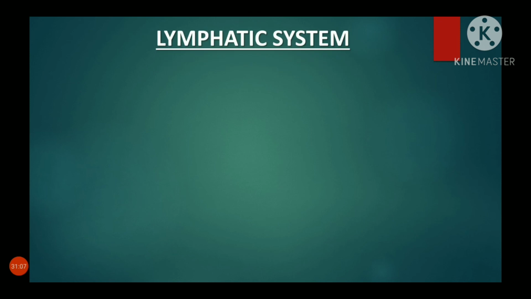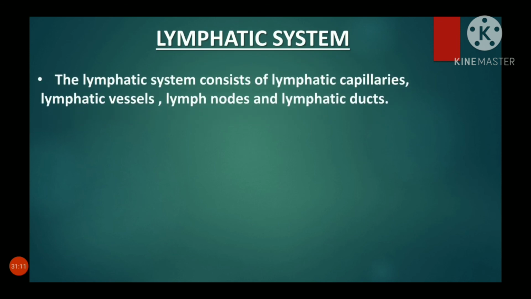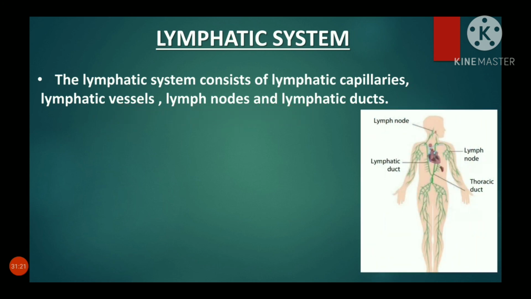Next is the lymphatic system. The lymphatic system consists of lymphatic capillaries, lymphatic vessels, lymph nodes and lymphatic ducts. See the diagram.